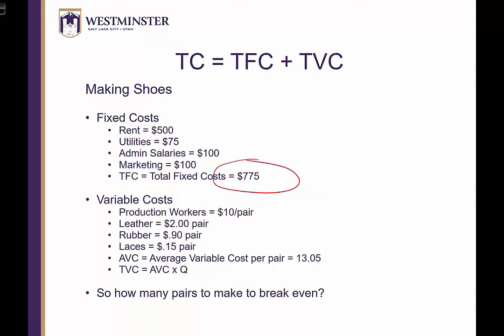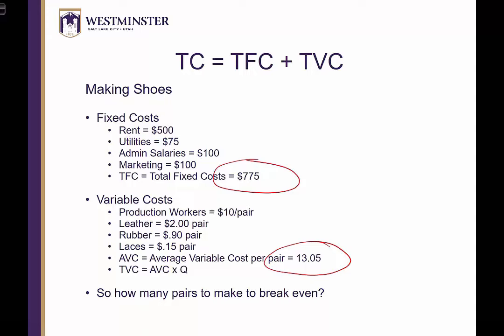We had our variable costs, which we have to think about, well, how does that add up? We're going to take the amount per pair of shoes that we're looking at. We had $10 plus 2 plus 90 cents plus 15, which gave us $13.05.